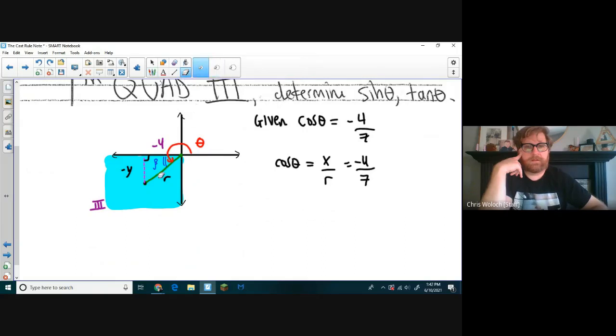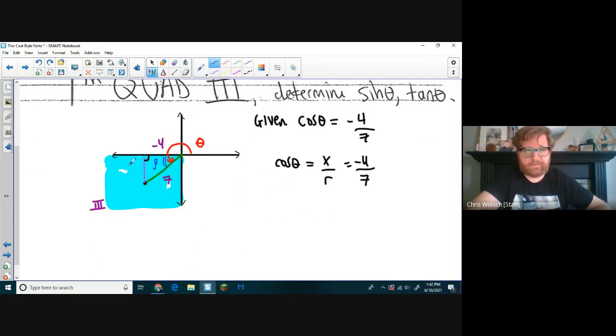And then this is going to be 7, which means that what I have to figure out is essentially this side, okay? Which isn't too bad, right?